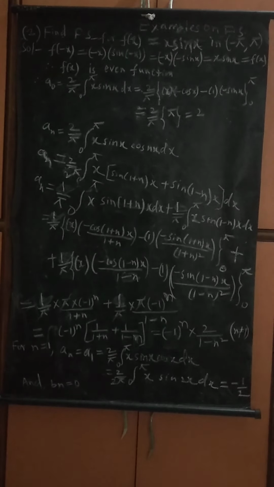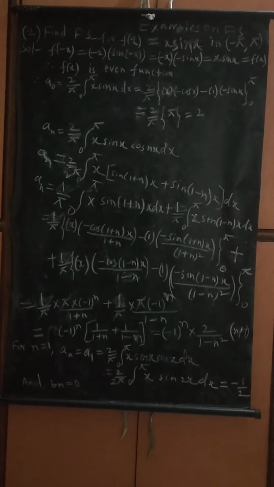Then an is equal to 2 upon pi integral 0 to pi f(x) into cos nx dx. That is, an is equal to 2 upon pi integral 0 to pi x sin x cos nx dx.